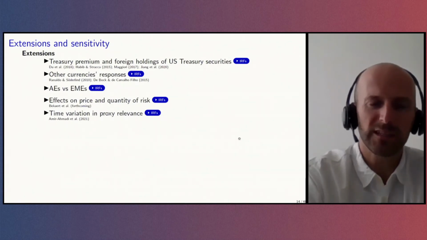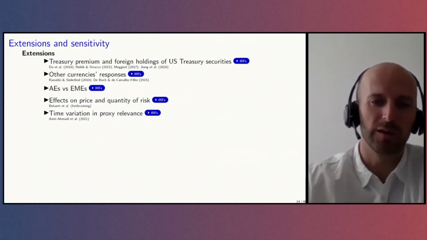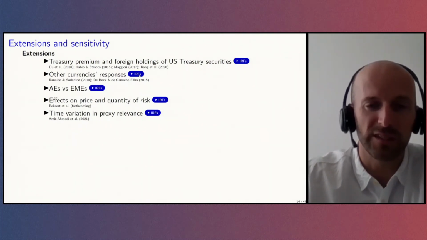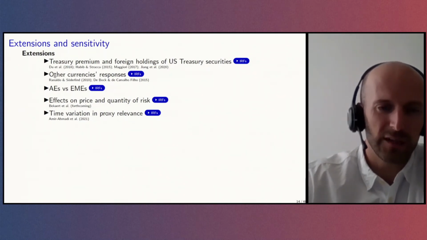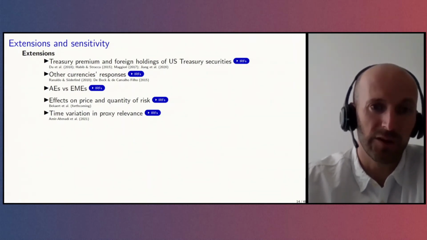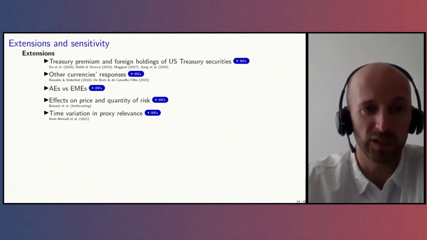Okay, the second extension that we consider, and that I think is also quite interesting and useful to lend further support to our interpretation of this shock, is to look at the response of other currencies to the global risk shock. There's some literature which classifies currencies into safe haven currencies and non-safe haven currencies. Typically, what this literature comes up with is a very narrow set of safe haven currencies, the Japanese yen and the Swiss franc.